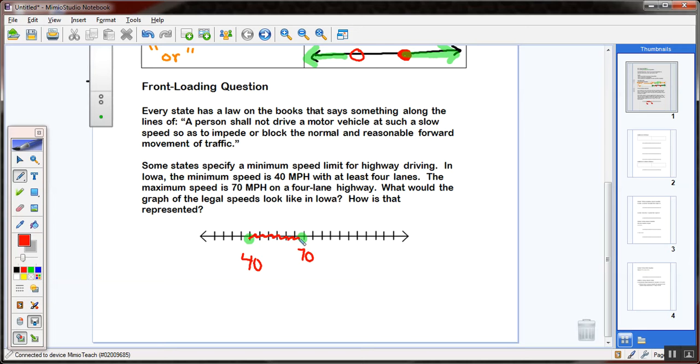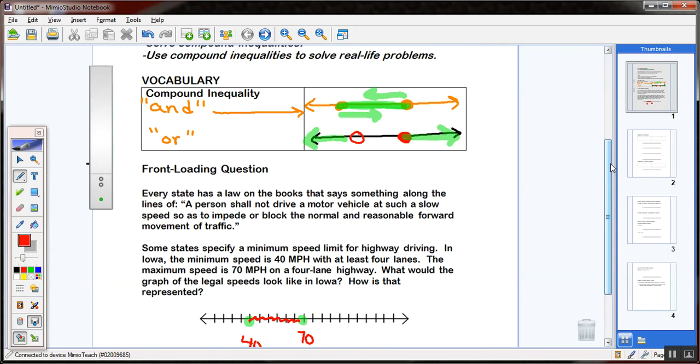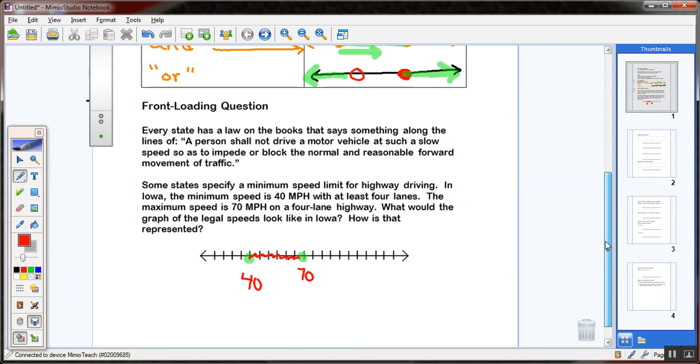Now, here's the deal. When you do something like this, you're going to start asking yourselves, how do I write the inequality for this? Well, first of all, take a look at the visuals where we have multiple inequalities right here. Do I have an interval or do I have whiskers in the front-loaded question? An interval. And an interval is always going to relate to which word or which conjunction here? And. Okay, so here's what I'm going to do, kids.